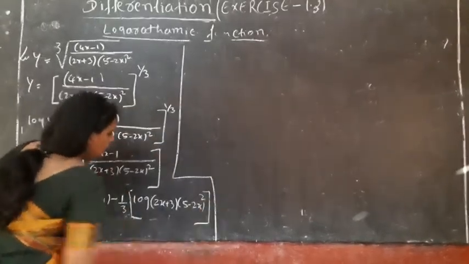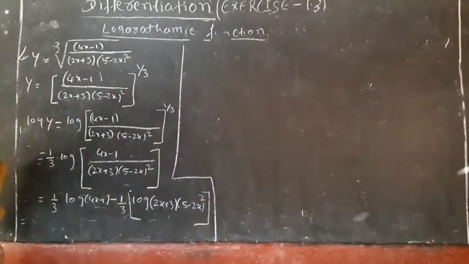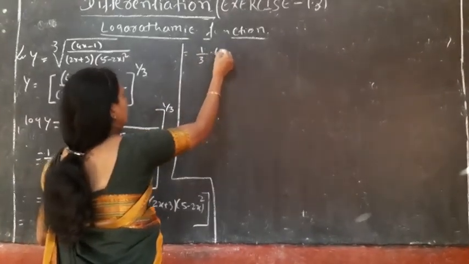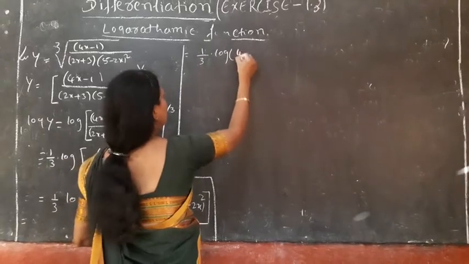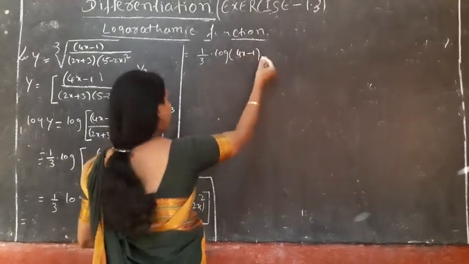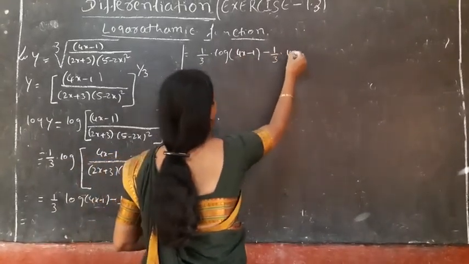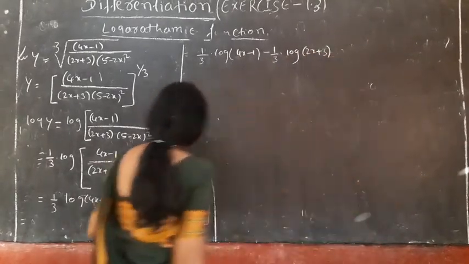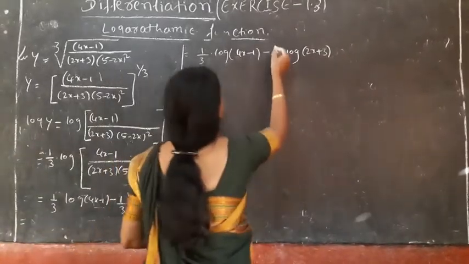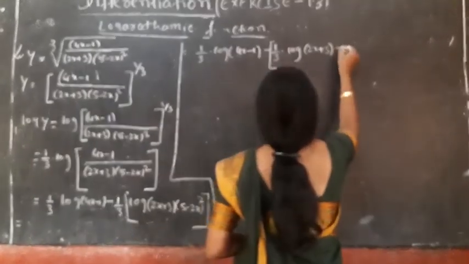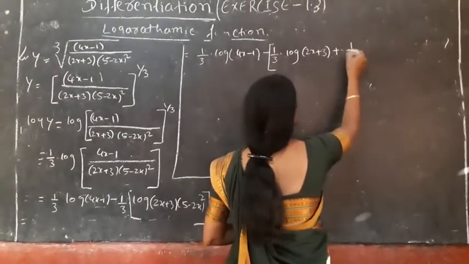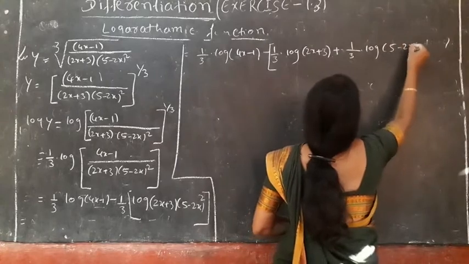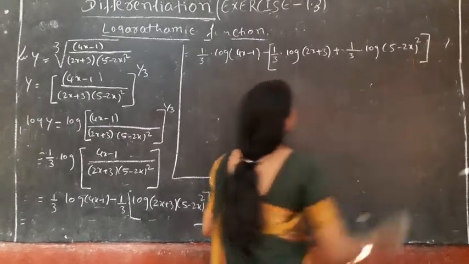Now apply the log mn formula once again. So we can write 1 upon 3 log of (4x minus 1) minus 1 upon 3 log of (2x plus 3) plus 1 upon 3 log of (5 minus 2x) squared.